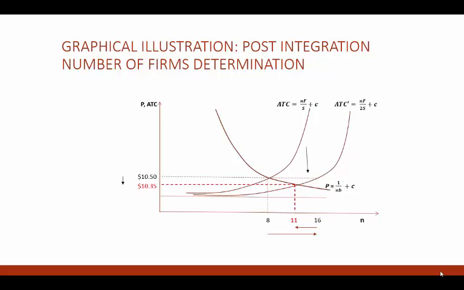With trade, the global number of firms initially doubles as the average cost function falls due to economies of scale. However, the increased competition causes prices to fall as well, and losses ensue in the industry. Some firms exit until the price and average costs have equalized at $10.35, where we now have 11 firms across the two countries.